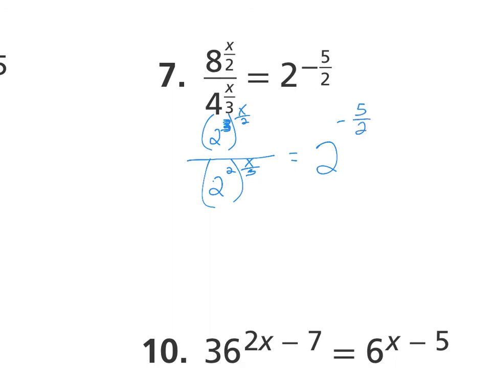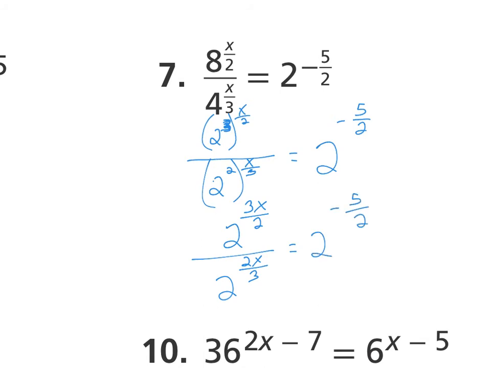So, going to raise 2 to the third power to the x over 2 power. So that gives me 2 to the 3x over 2 divided by 2 to the 2x over 3 equals 2 to the negative 5 over 2.